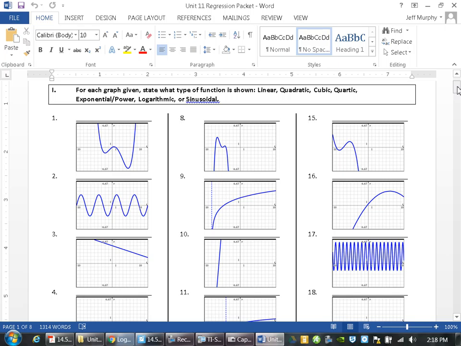Now be careful. When you have a quartic, that means it's a 4th degree polynomial. Remember when we did polynomials back in the day, some of our polynomial graphs might have had imaginary solutions. So it's possible to have a quartic graph that looks quadratic. Here you'll be able to definitely tell it's going to be quartic because it changed direction.